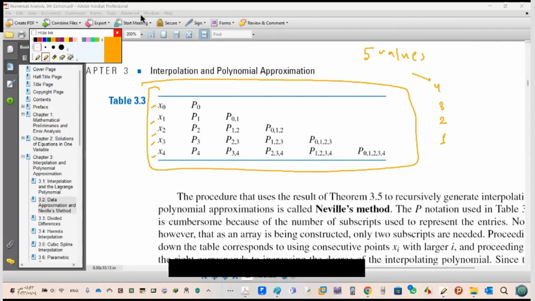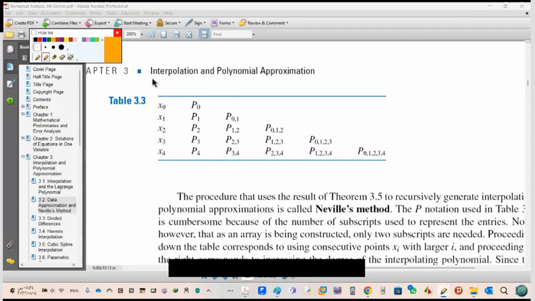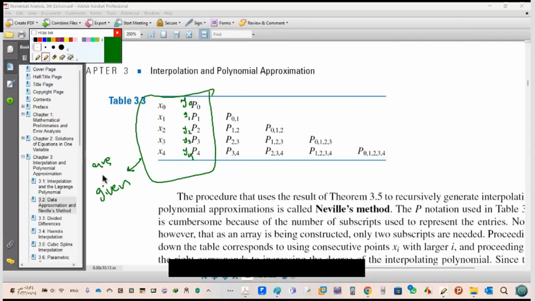How can we do this? Okay, let's start with this one. X0 is clear. P0 is Y0, Y1, Y2, Y3, Y4, and those are given.